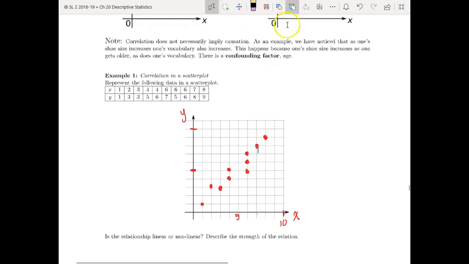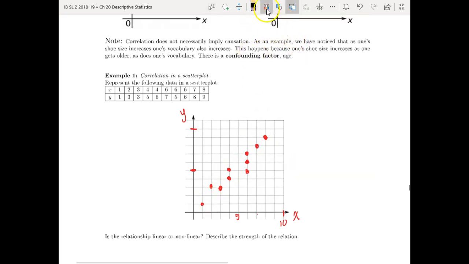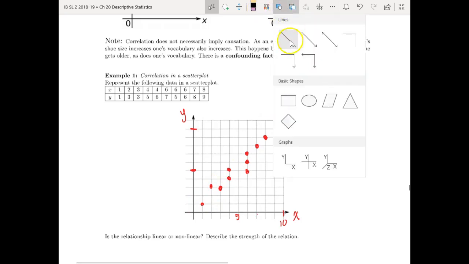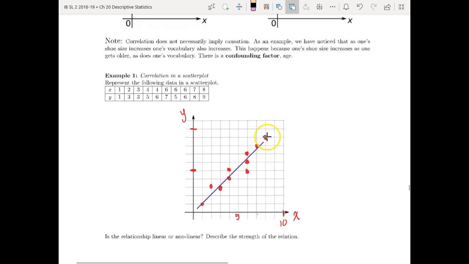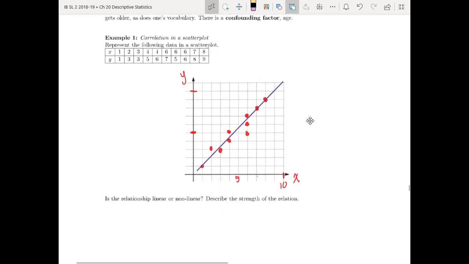Okay, and then we're going to sketch a line. Yeah, if you're off 1 or 2, guys, it doesn't matter right now.